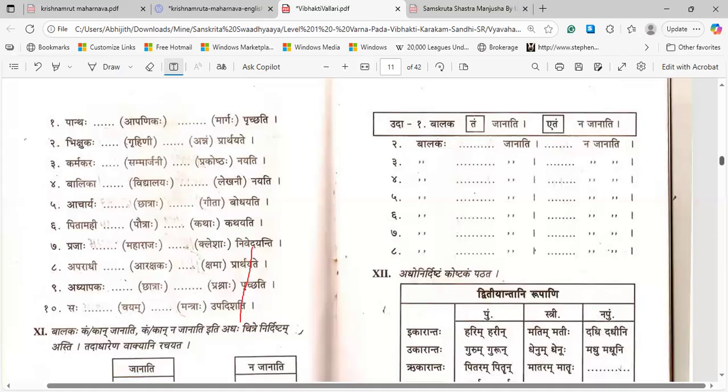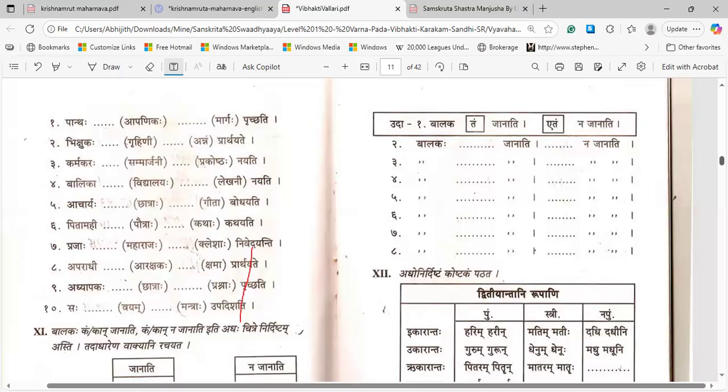See, we can always associate the meanings. Marjanam means, you remember, I think it had come up, to clean. So sammarjanam is something associated with that. So sammarjani, they have given as the name for broom. Prakoshta, I think, is room.